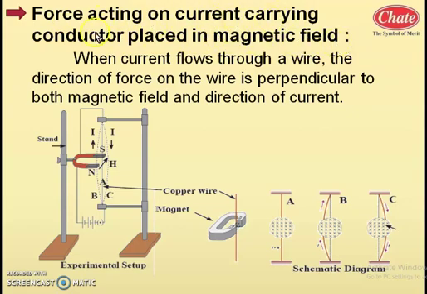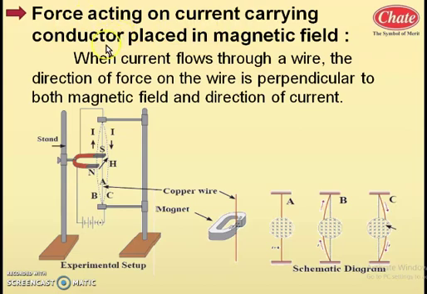Now a current carrying conductor produces its own magnetic field. When this current carrying conductor is placed in an external magnetic field, what will happen? It experiences a force, either attractive or repulsive, and hence a force acts on that current carrying conductor.